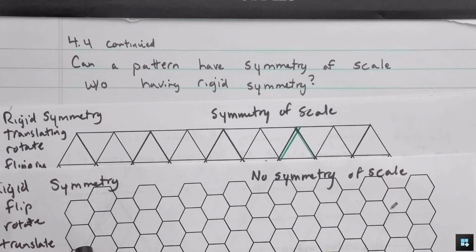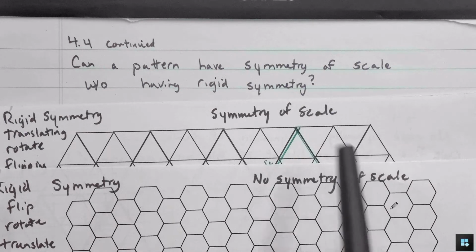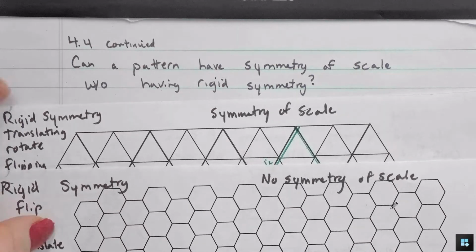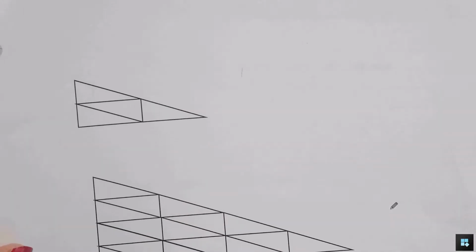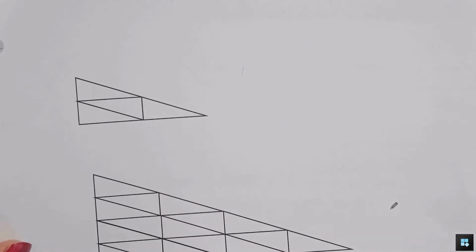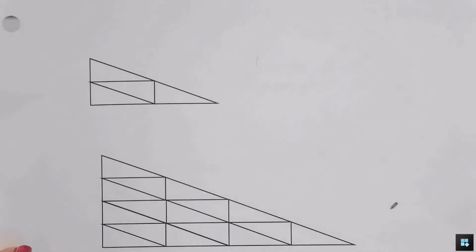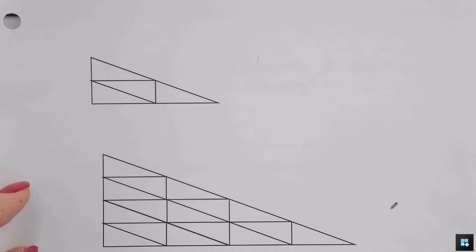Can a pattern have the symmetry of scale, but not have rigid symmetry? If you try and make a scalable pattern like we did, if you make something that's scalable and has symmetry of scale, will it automatically have rigid symmetry?